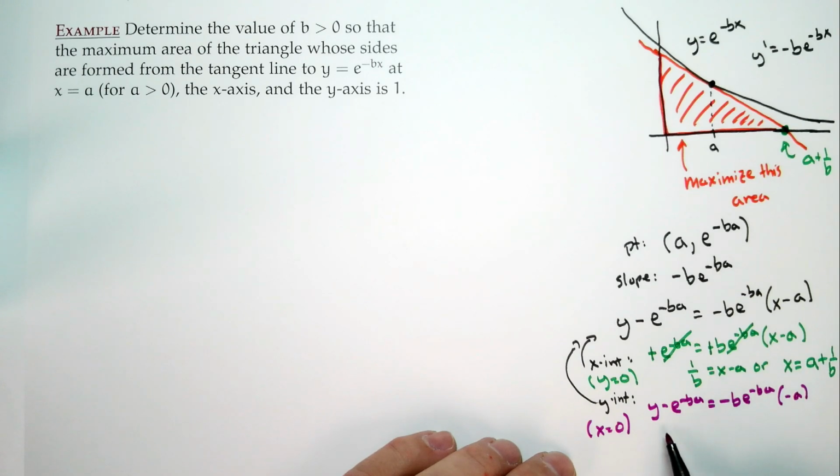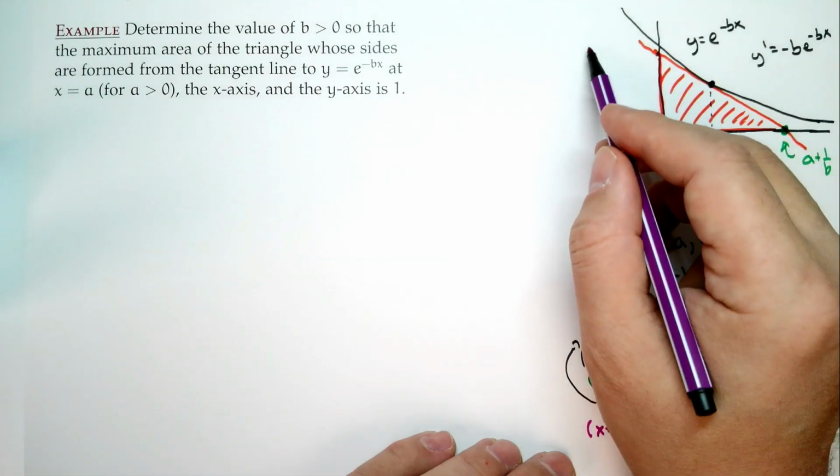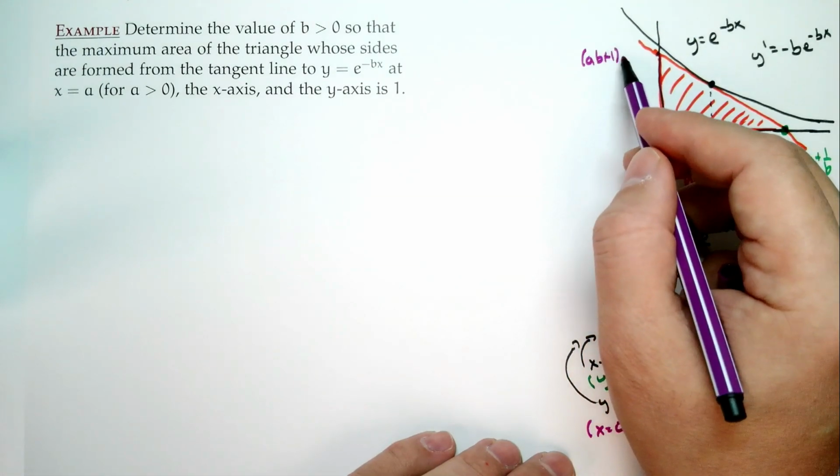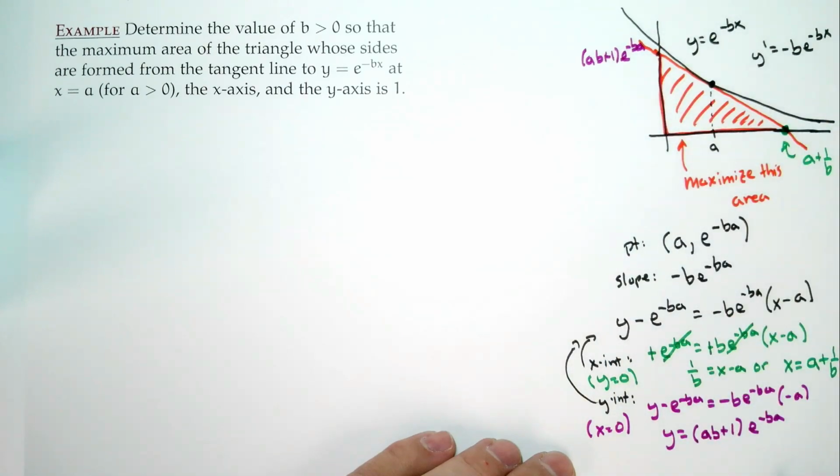So what I can do is I can say that y, well, here, minus b times minus a is plus ab, and then there's going to be one more from that side. So I write it as ab plus 1 times e to the minus b times a. So this point up here is ab plus 1 times e to the minus b times a. So that's my y-intercept. And therefore, if you give me a, I can tell you where my intercepts are at. All right.